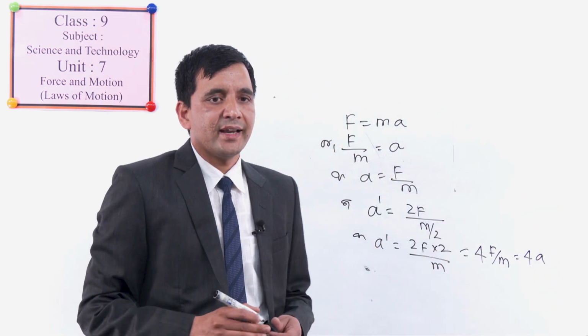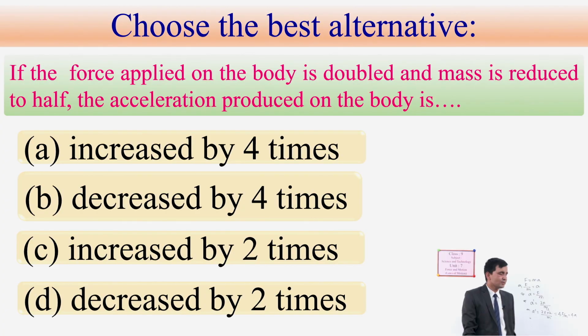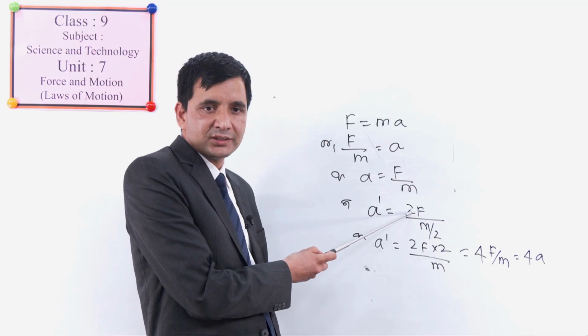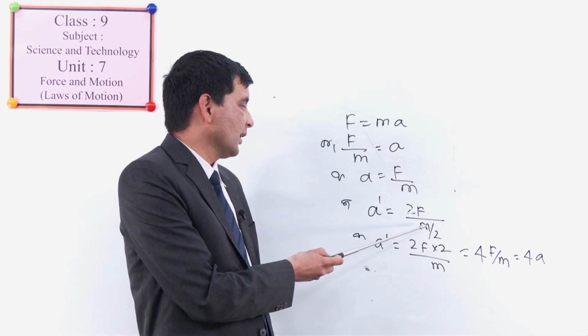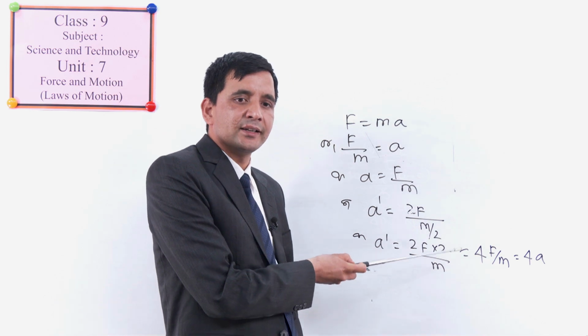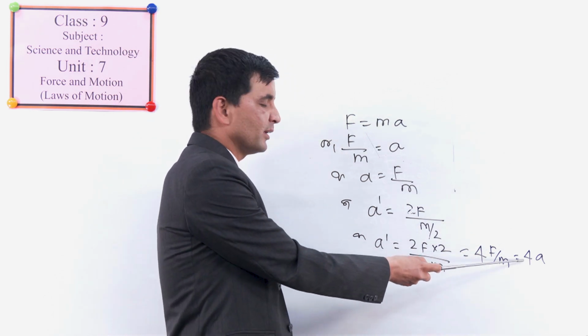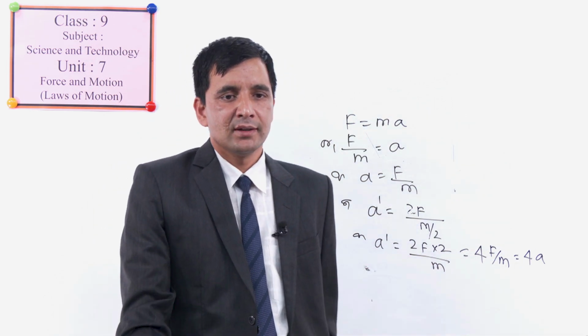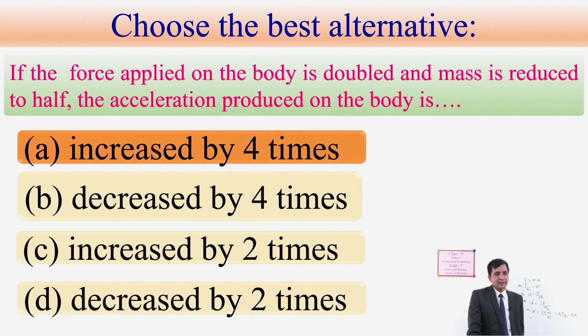So the acceleration is increased by how many times? You just need to use the formula and replace the values. Why are we writing 2F here? Because the force is increased by 2 times. And why m by 2? Mass is reduced to half. So the acceleration will be increased by 4 times. Therefore, the correct option is increased by 4 times.